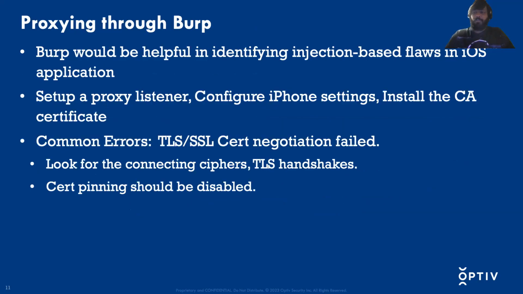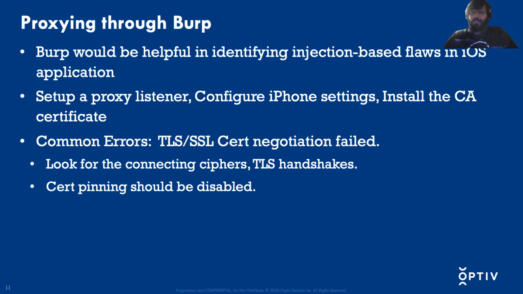Proxying through Burp. One of the ways to manually understand the security posture of the iOS application is to understand what sort of HTTP request is going to the server and what sort of response is coming back from the server to the application. Oftentimes, attackers use Burp proxy or any other proxy tool to intercept the HTTP request and response going from the application.